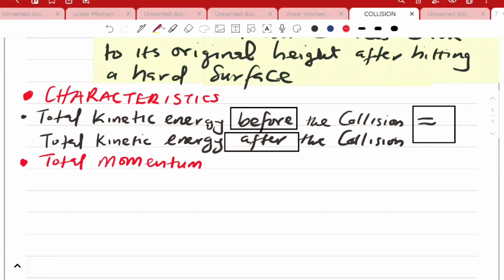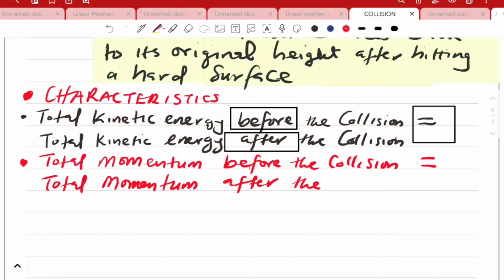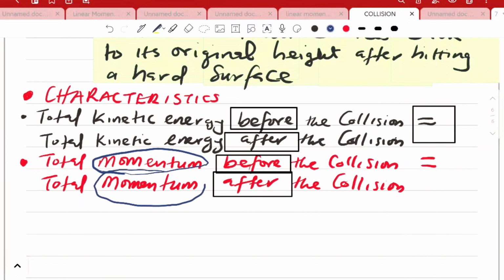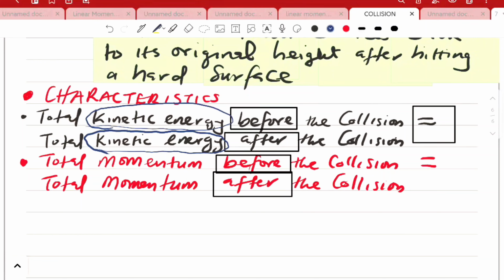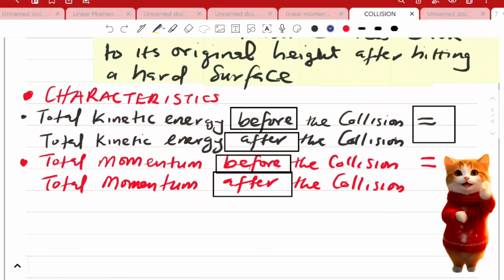Then number two, total momentum before the collision will equal total momentum after the collision. Take note of before and after. And take note of momentum, then kinetic energy. Energy is conserved.